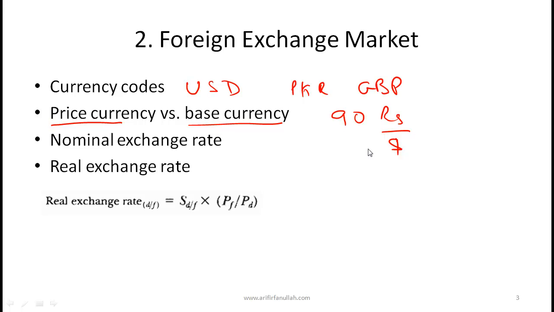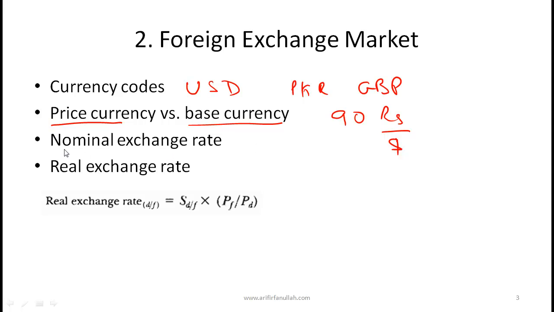So whichever currency has 1 unit, that's your base currency. The other currency is the price currency. Sometimes it might be called the quoted currency, but for now let's just call it the price currency. There are other terms that will come later. Okay, so keep this in mind.